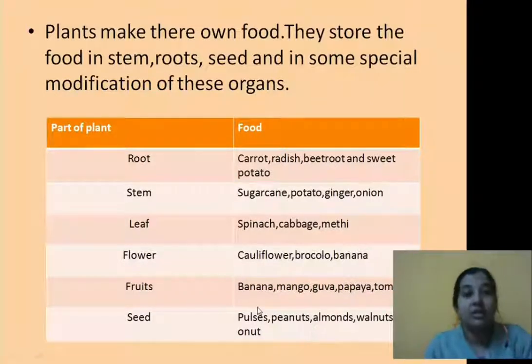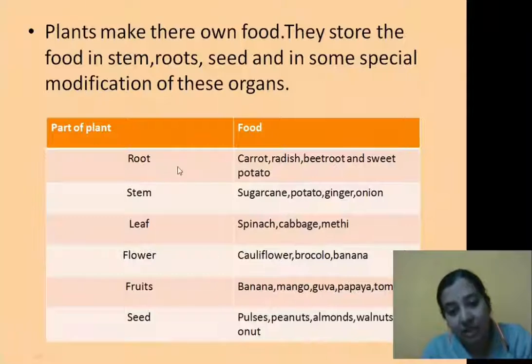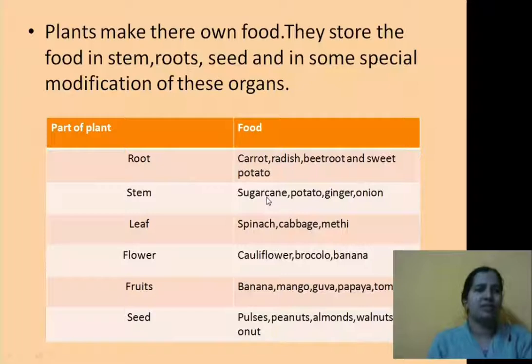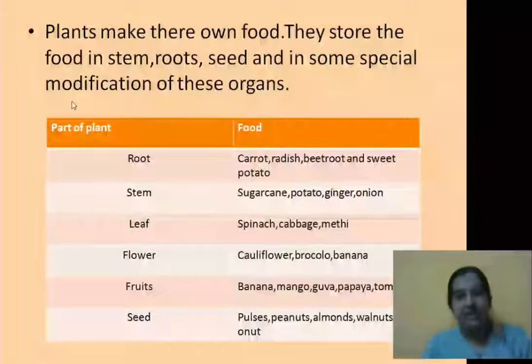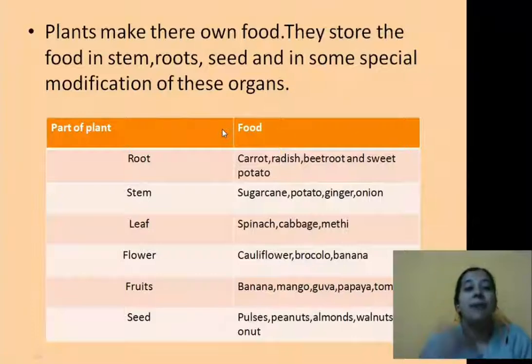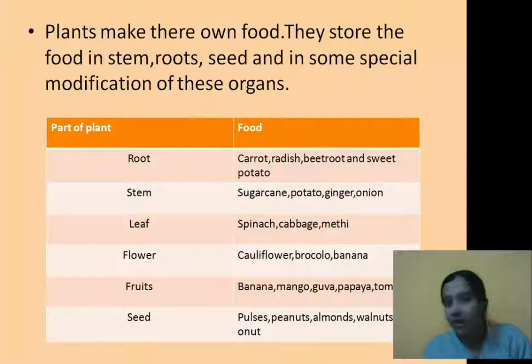Correct? So these all are the parts of the plant which we take as food. Here it is. Okay. All right. Let's go next further. Animal products. Previously we studied the plant products which we took as food for energy, plant sources of food.